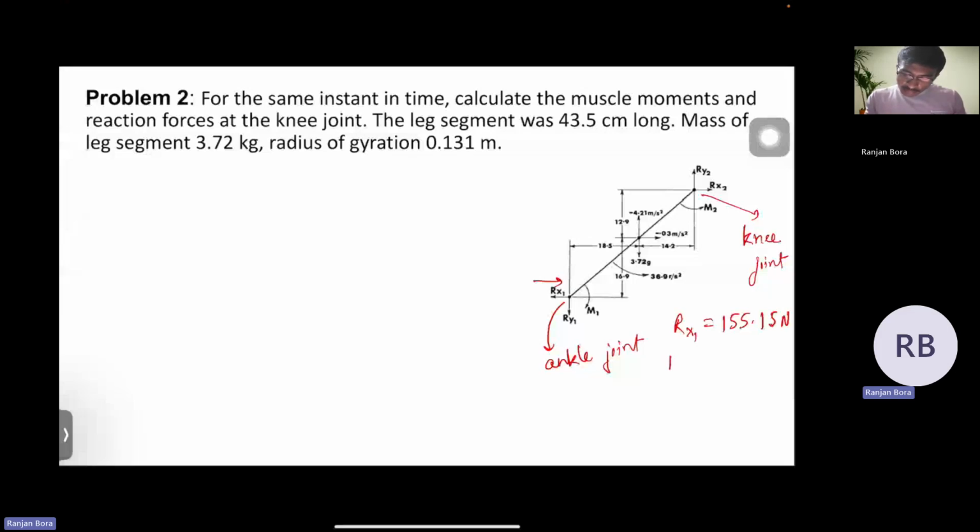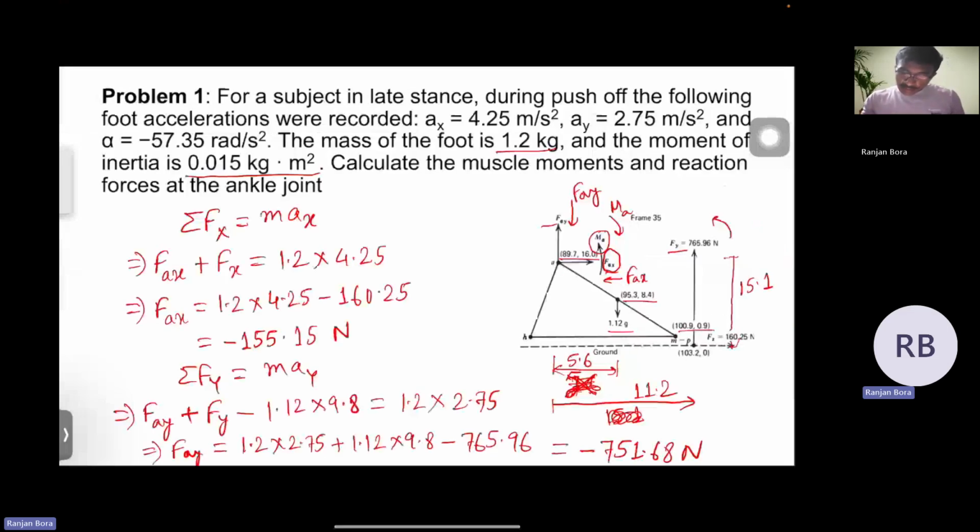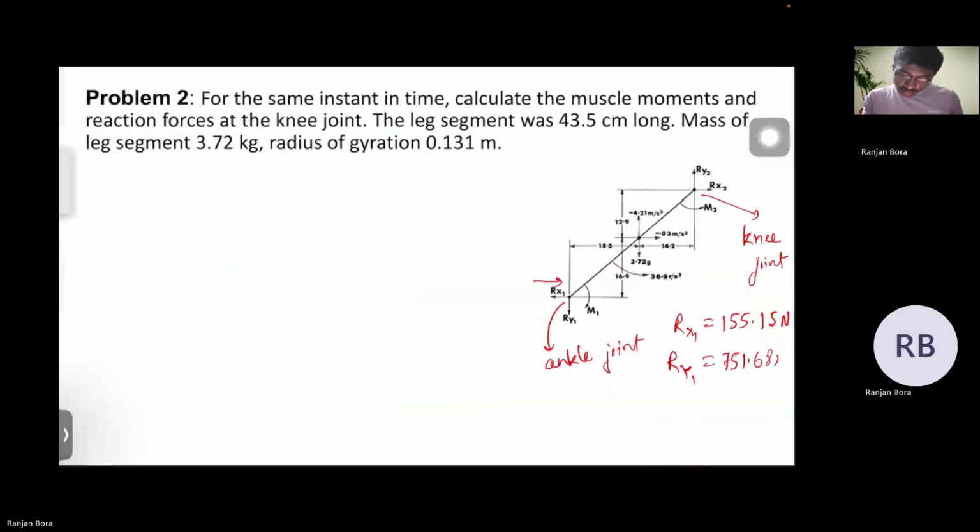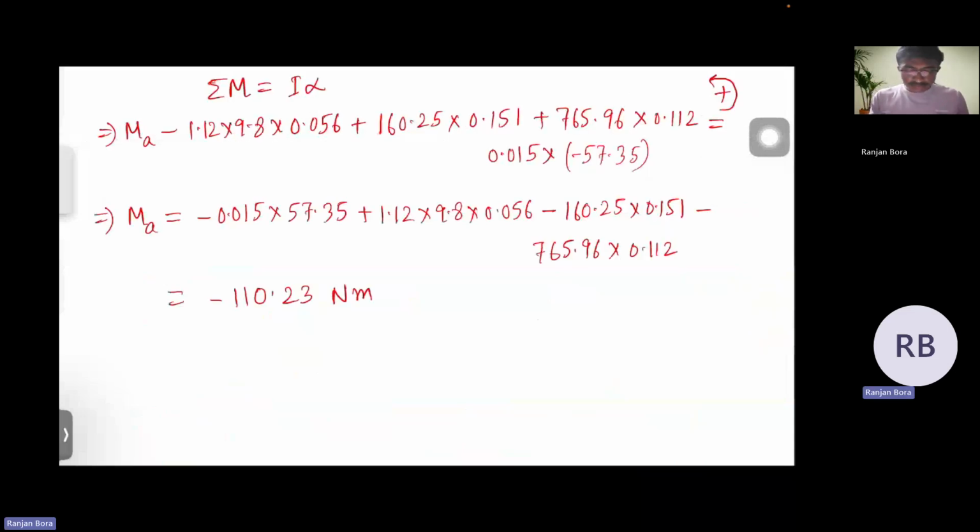And Ry1: here Fay was in the negative y direction. So in the knee joint problem, it will be in the positive y direction, and its value will be 751.68 Newton. And the M1: Ma is also negative, and here it is clockwise.